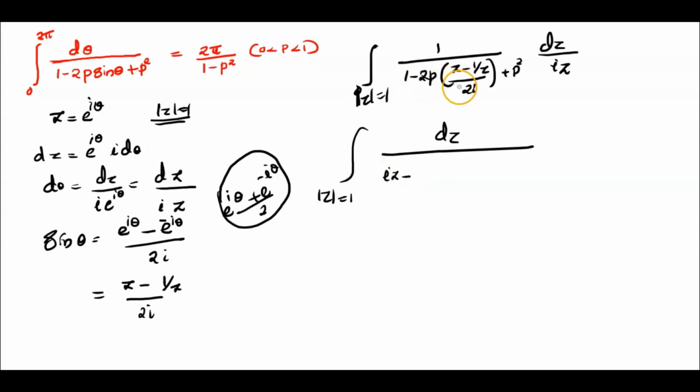The 2 cancels, multiply with this iz, i also cancels. The remaining is pz minus pz into z, that means pz square, and minus p by z into z means plus p, and here is p square.